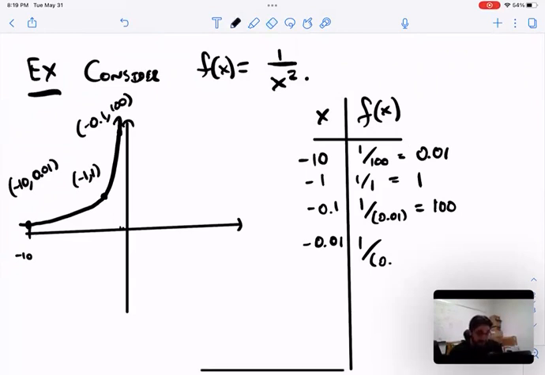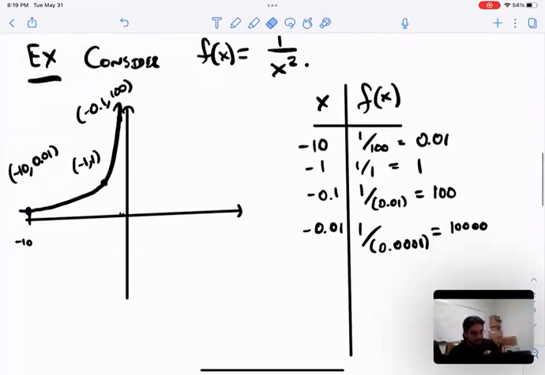If you square that, we have 2 decimal places, but we're squaring it. So now we have 4 places past the decimal. And its reciprocal will then be 10,000. It's 1 over a 10,000th. So the reciprocal is 10,000.